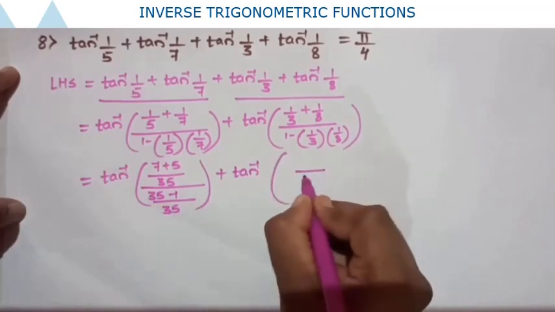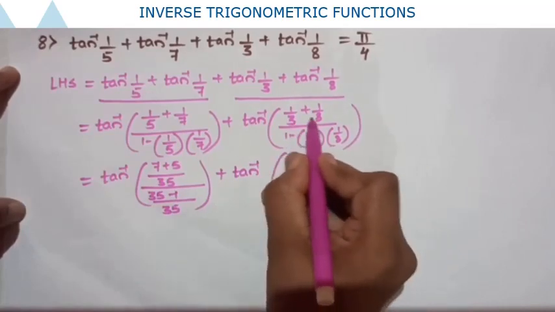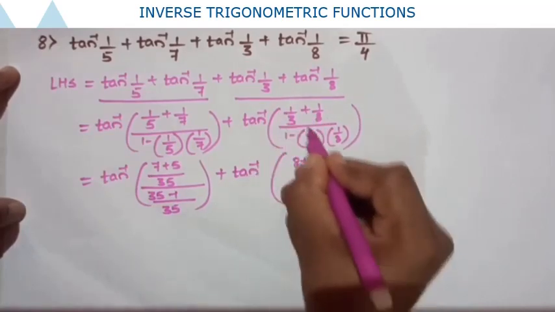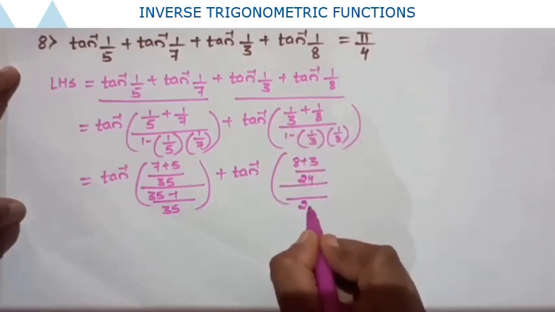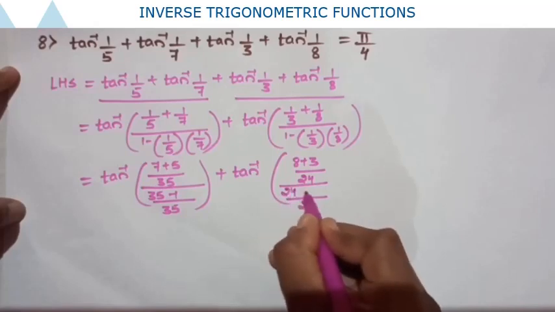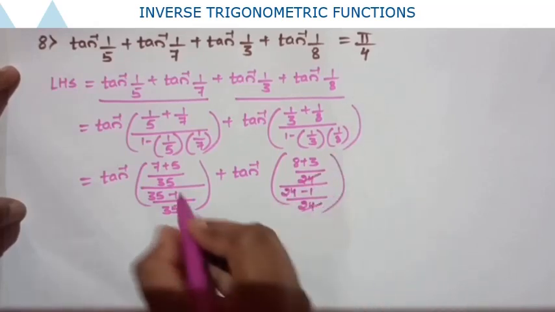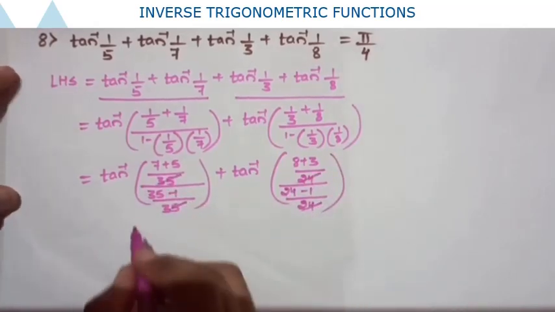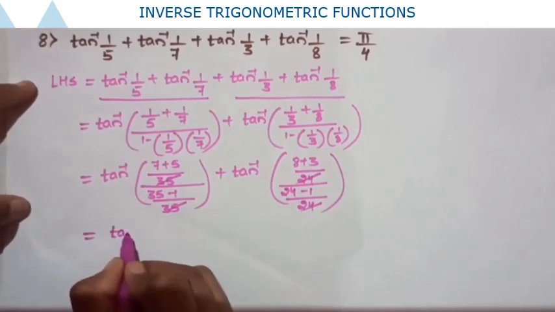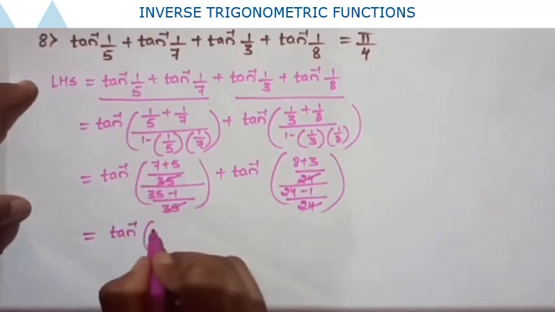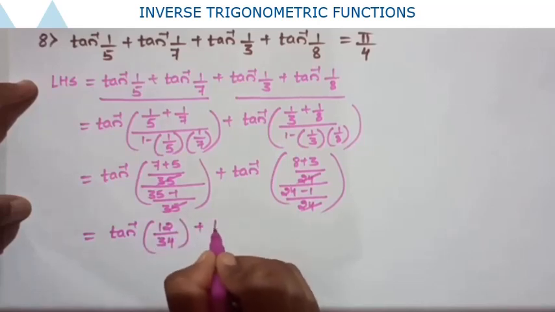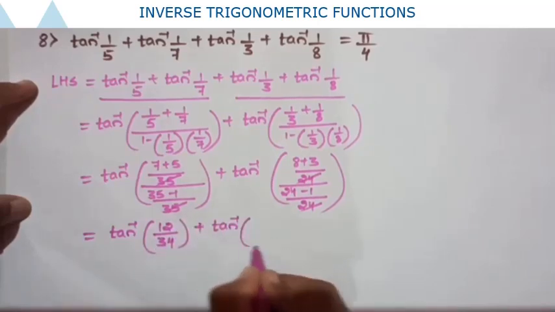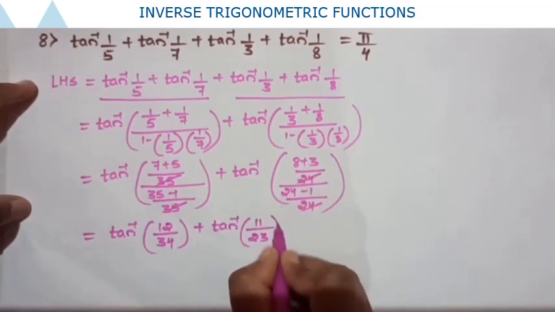For the other, numerator LCM becomes 24, multiplied with 8 plus 3, whole divided by the denominator LCM, also 24, which becomes 24 minus 1. The numerator and denominator LCMs get cancelled, so we have tan inverse 12 by 34 plus tan inverse 8 plus 3, that is 11 by 23.